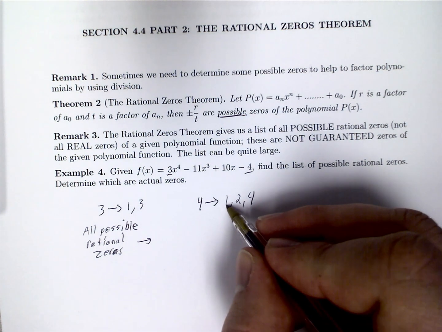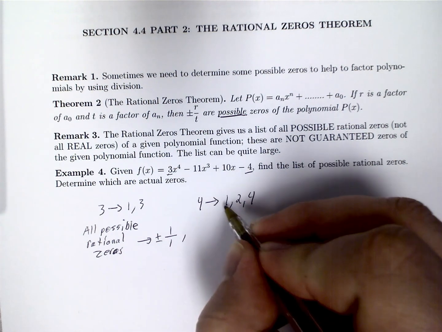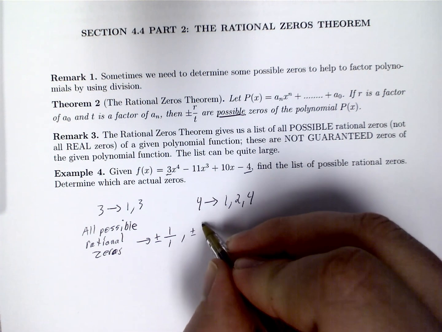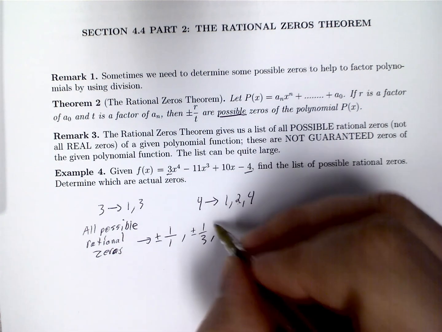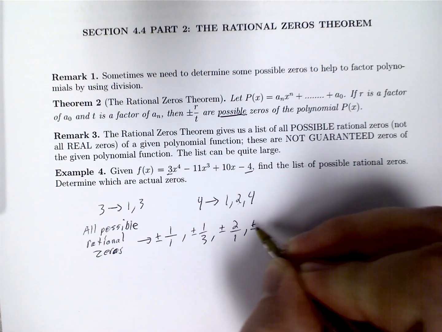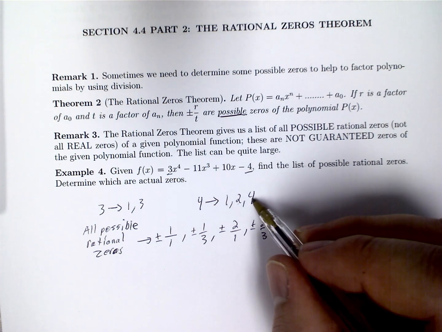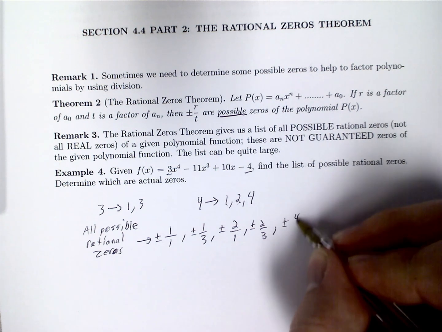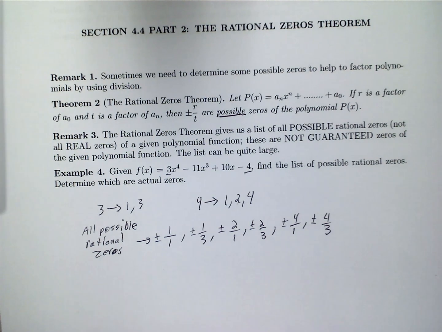So let's say 1 over 1, plus or minus 1 over 3, plus or minus. Now let's go to the next one, 2 over 1 and 2 over 3, plus or minus 2 over 1, plus or minus 2 over 3. And then we also have plus or minus 4 over 1, then plus or minus 4 over 3.